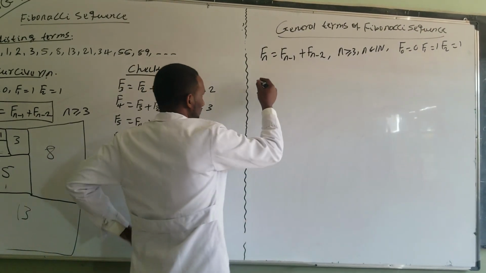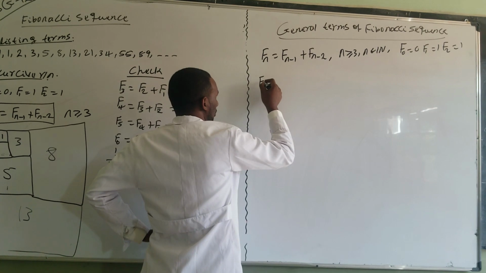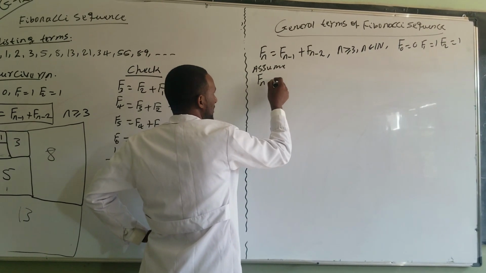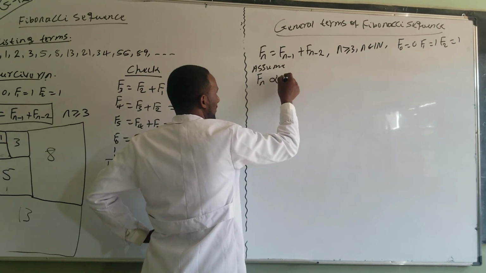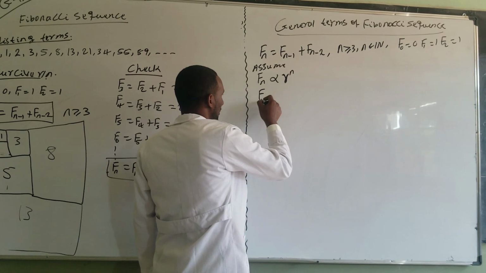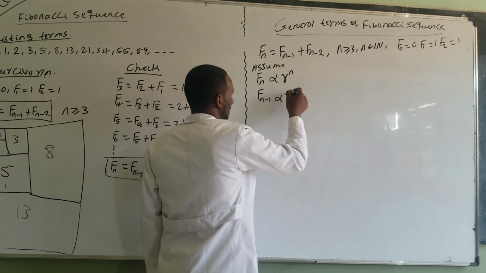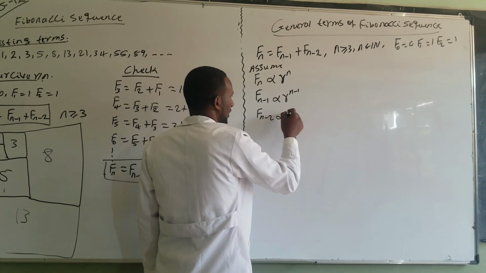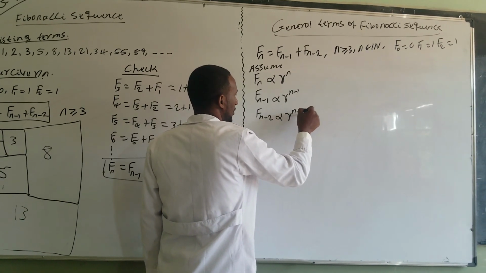Then let us assume f of n is proportional with r to the power of n, f of n minus 1 proportional with r to the power of n minus 1, f of n minus 2 proportional with r to the power of n minus 2.